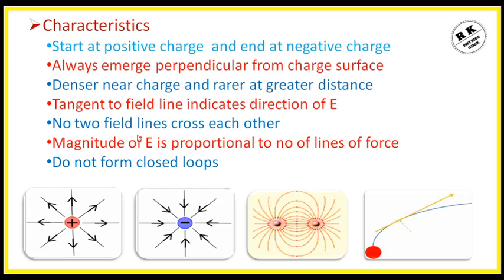No two field lines will cross each other. The magnitude of the electric field is proportional to the number of lines of force, and electric lines of force do not form closed loops.